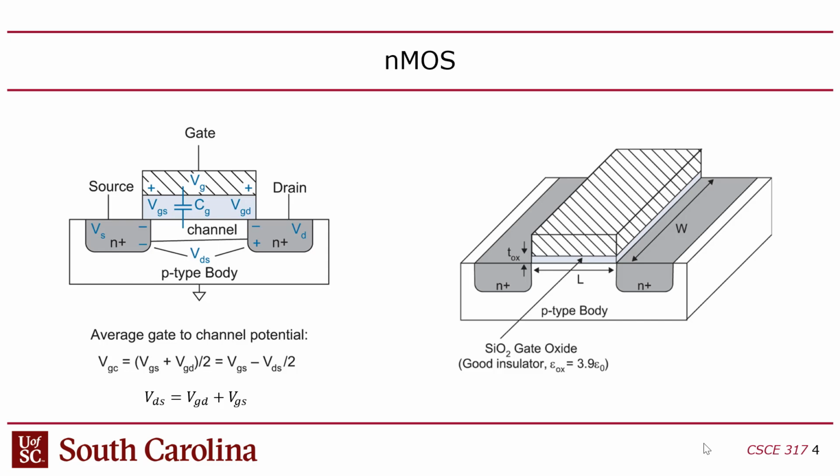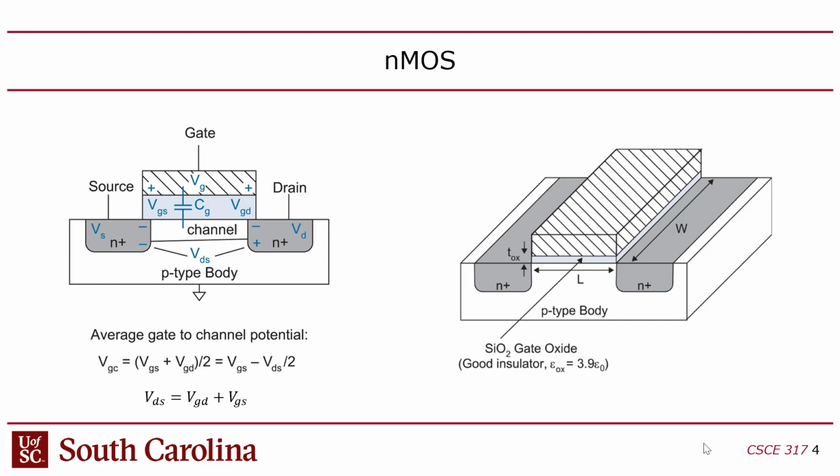So when the transistor's on, the gate-channel voltage is actually the average voltage between the gate and the drain and the gate and the source.